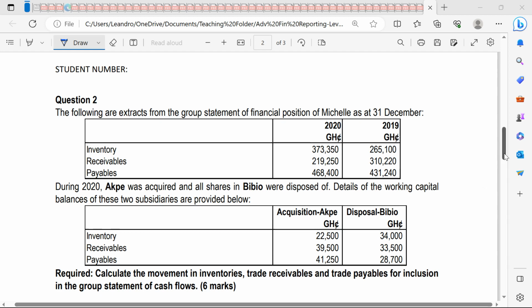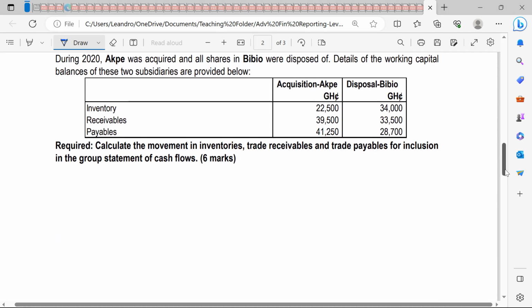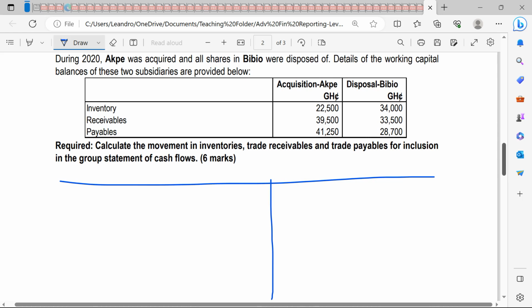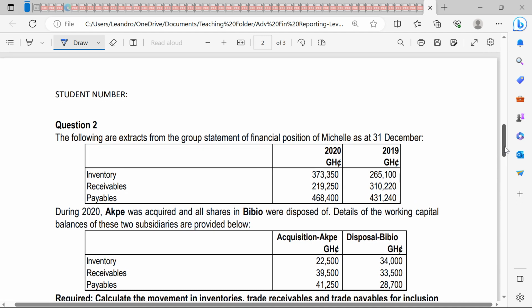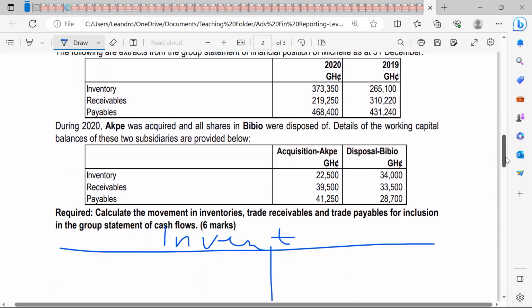You use your opening inventory. For example, if you want to go the T account way, let's say you want to do a T account. So this is your inventory. It's an asset. And so your opening balance, which will be from 2019, your balance brought down on 2019 will be your opening balance, which is 265,100.